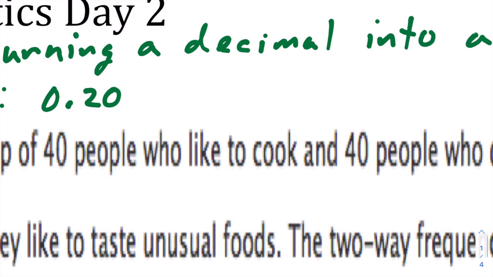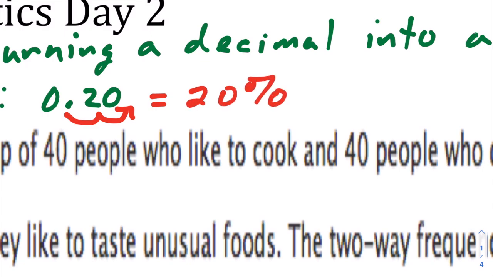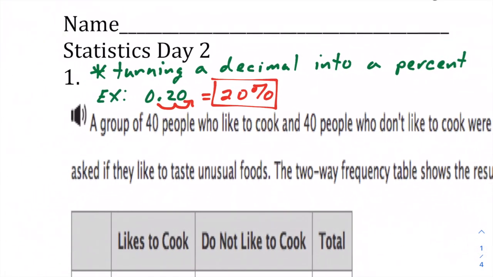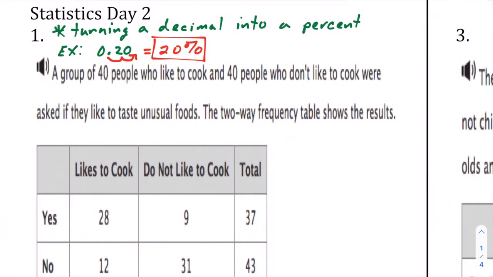Normally we would multiply by 100, and 0.20 times 100 would give you the 20. But if we want to do it a faster way, all we do is we take the decimal, move it to the right twice, and then we would end up with 20%. So hopefully that's something you remember, because we're going to need that for the first two problems.